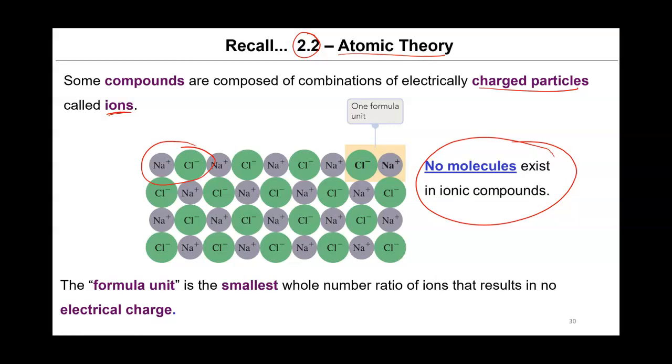The formula that we write represents the formula unit, which is the smallest whole number ratio of ions that results in no electrical charge. So in the case of sodium chloride, that would be one sodium ion combining with one chloride ion to form electrically neutral sodium chloride.